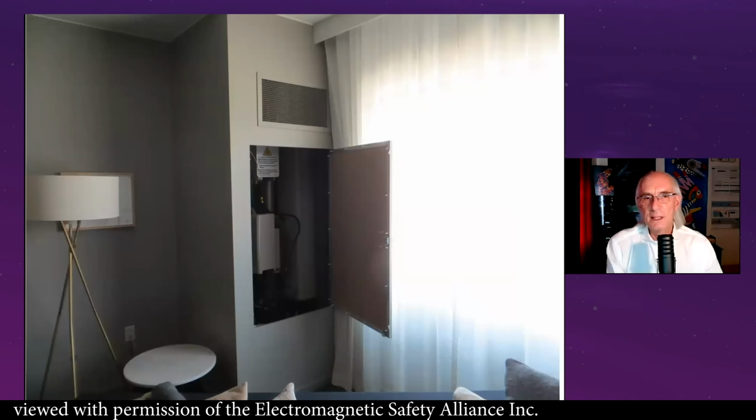This is a picture of a high-end boutique hotel guest room in Hollywood where you spend at least $350. But as a bonus, you can get a cell antenna in your guest room, because there is a fake ventilation closet, air conditioning closet. You can see here the vents.